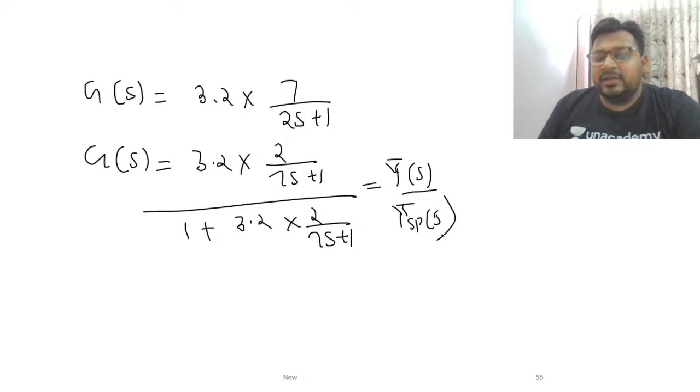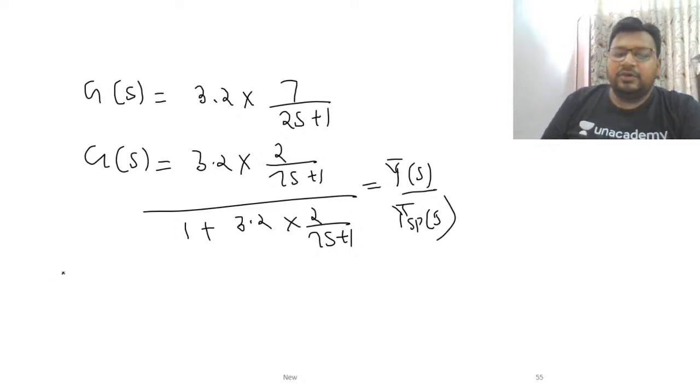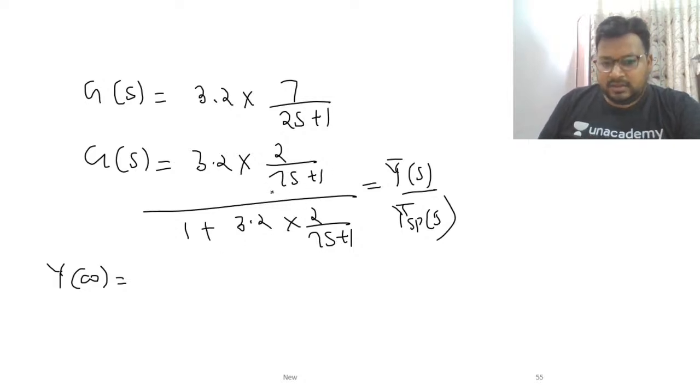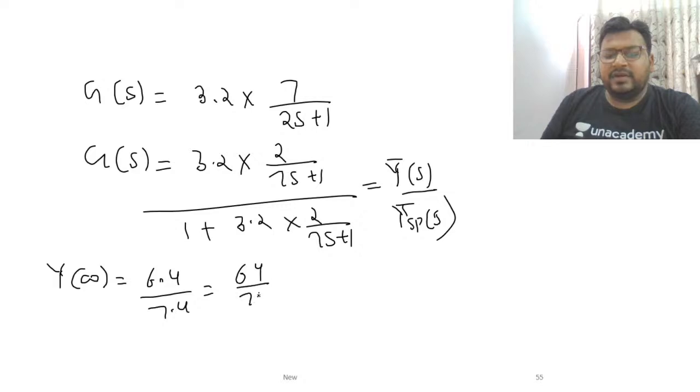So if you provide the unit step change in the set point and then apply the final value theorem, the value of y bar infinity will come out to be, just put s as 0 here, you get the answer. So 2 2s are 4, 2 3s are 6, so 6.4 divided by 6.4 plus 1, that is 7.4. So 6.4 by 7.4 is the value of y infinity.